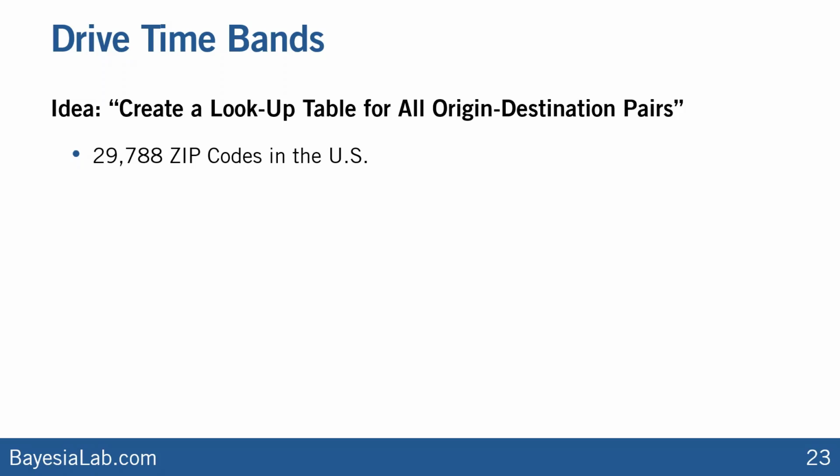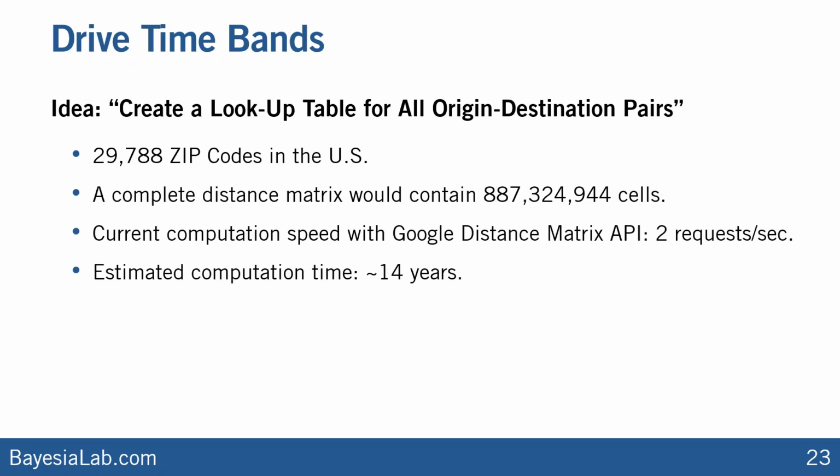Let's say we do this for all zip codes in the US, roughly 30,000. But the problem is that matrix, even if we just did it for the zip codes, would be quite large, almost like 1 billion cells in size. And that would take a while to compute. Actually, I tried it out.